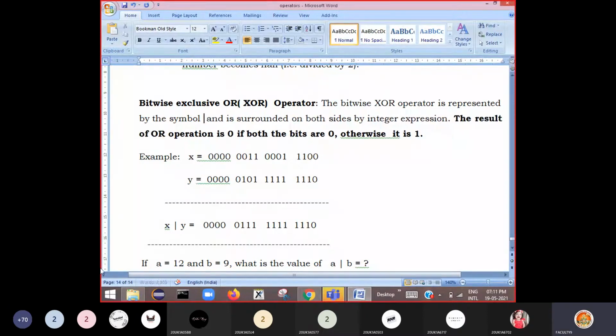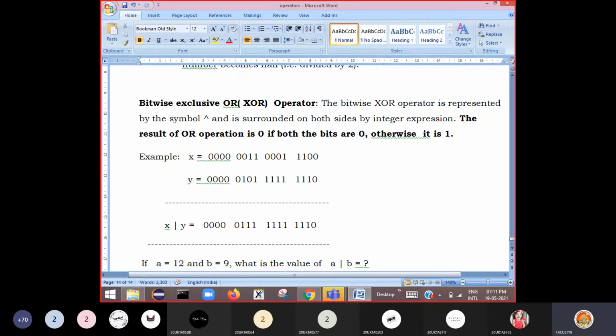What is the symbol we use for exclusive OR? It is nothing but the cap. In mathematics we call it cap, but it is caret here. And it is surrounded on both sides by integer expressions.